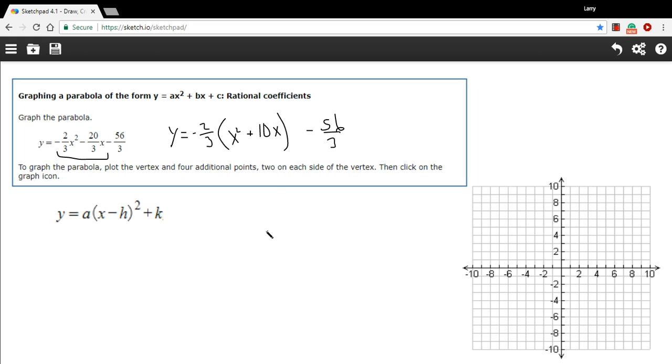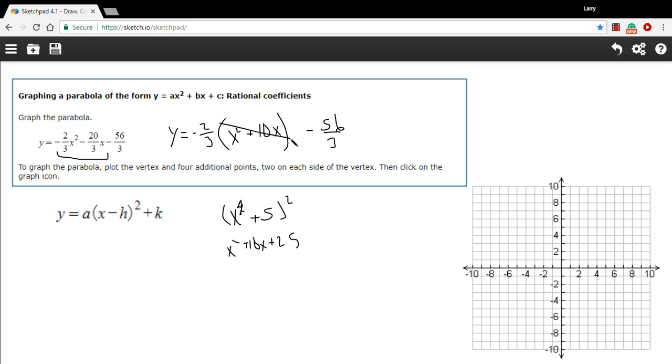And then we get x plus 5 quantity squared. When you FOIL that out, you'll get x squared plus 10x plus 25. So that's going to be our perfect square, and what we did was we had to add 25 in here.